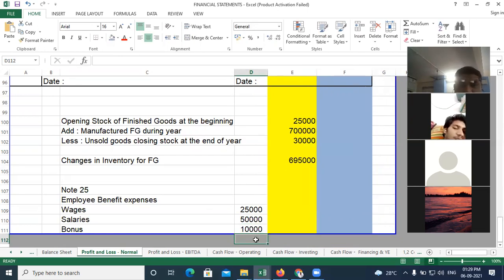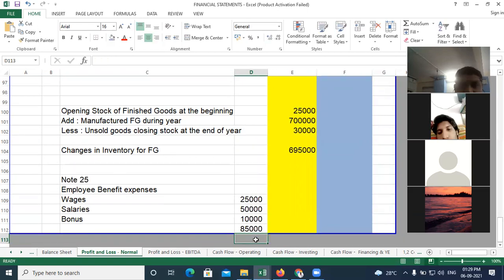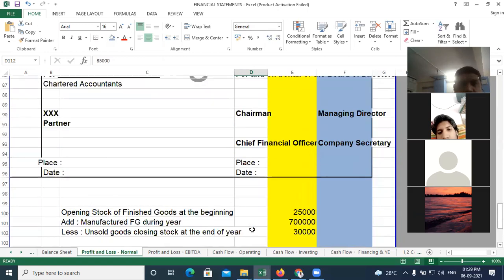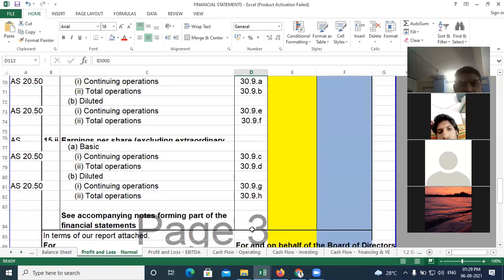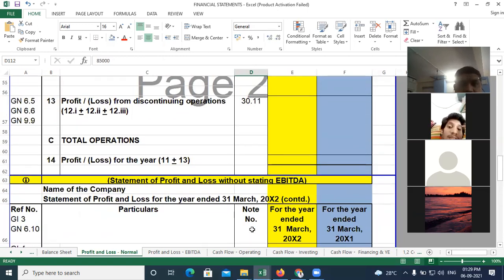So this entire amount, if you calculate, is 85,000. This 85,000 from note number 25 will reflect here in your profit loss account.